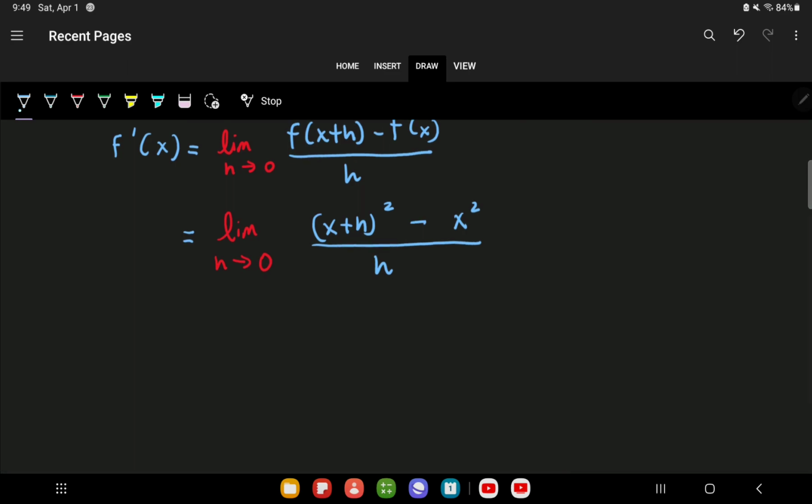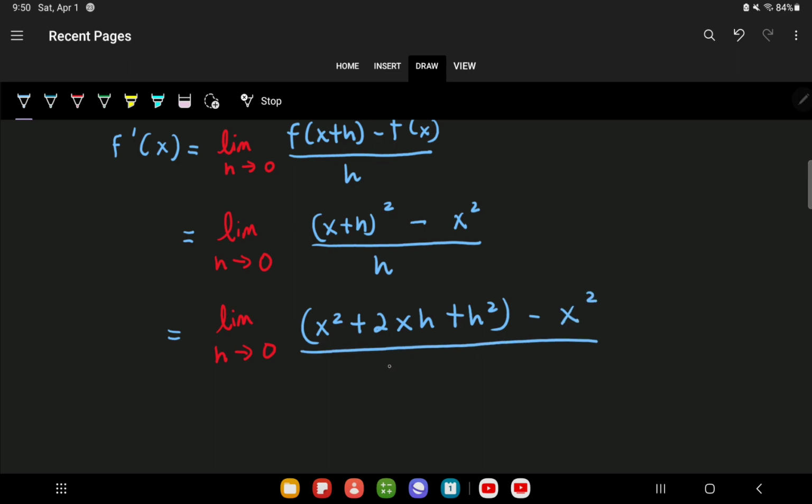So now actually let's just do some plain old algebra and compute this. So limit as h approaches 0, x plus h quantity squared, this is x squared plus 2xh plus h squared, parentheses, minus x squared, all over h.